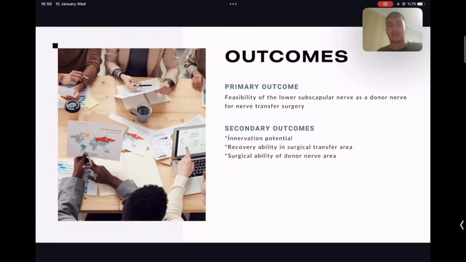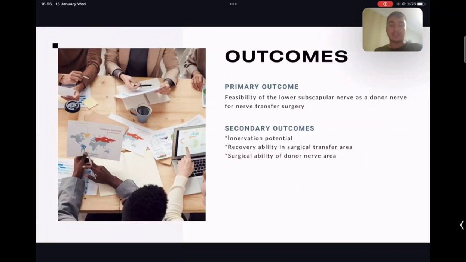As you can see from the slide, you can see primary and secondary outcomes. First of all, the main part of our study, the outcome from our study, we can see the feasibility of the lower subscapular nerve as a donor nerve for nerve transfer surgery.